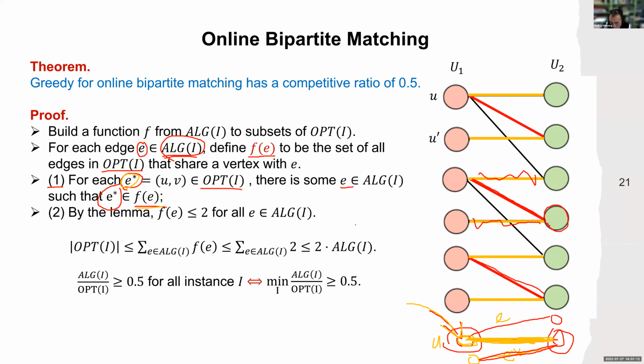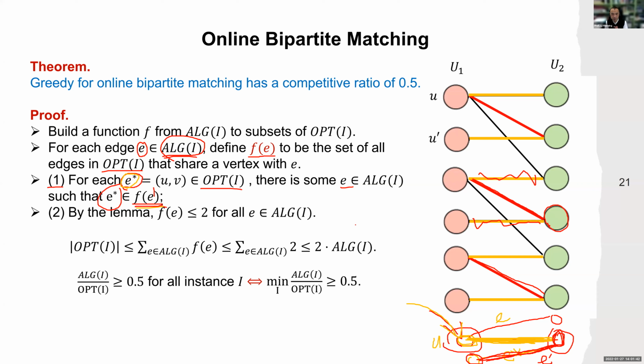He is not able to pick it because the right endpoint already has an edge going to another vertex picked by the greedy. But again, if this is true, then the optimal edge, the yellow edge, has a common point with this red edge, so it belongs to that F_E, maybe F_E prime. So there you have an E prime. If it's this case, then it will belong to F_E prime.